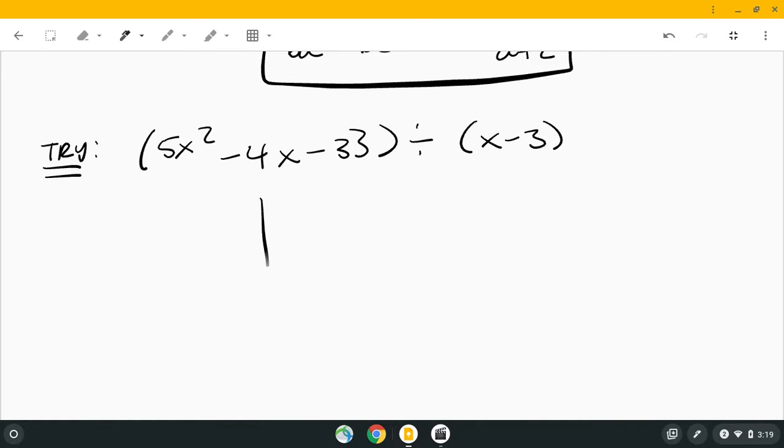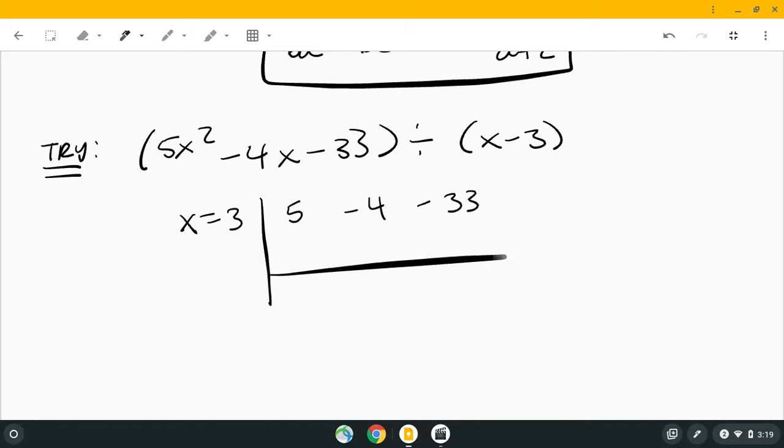All right, so setting this up, x equals 3. This is already in order. Bring this down. 5. 5 times 3 is 15. 15 and negative 4 is 11. 11 times 3 is 33. And we get 0 remainder.